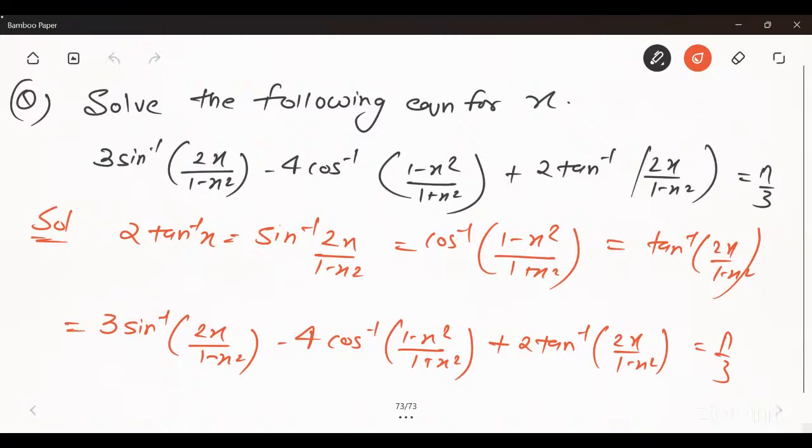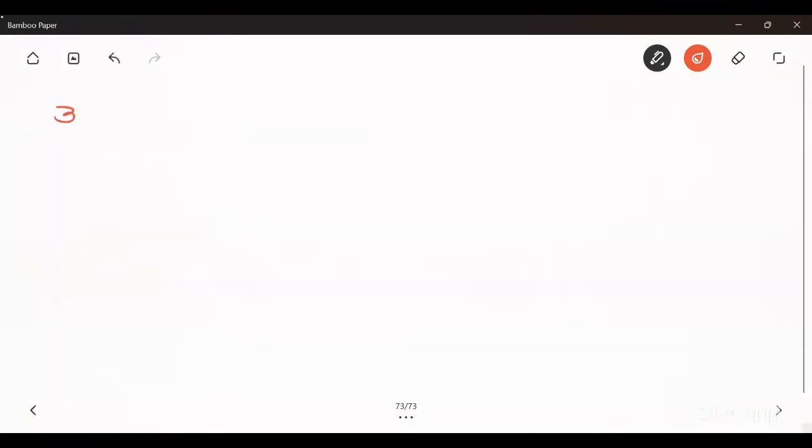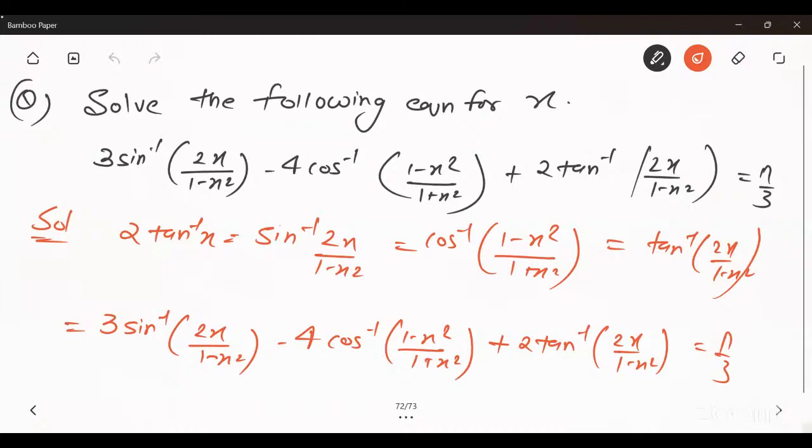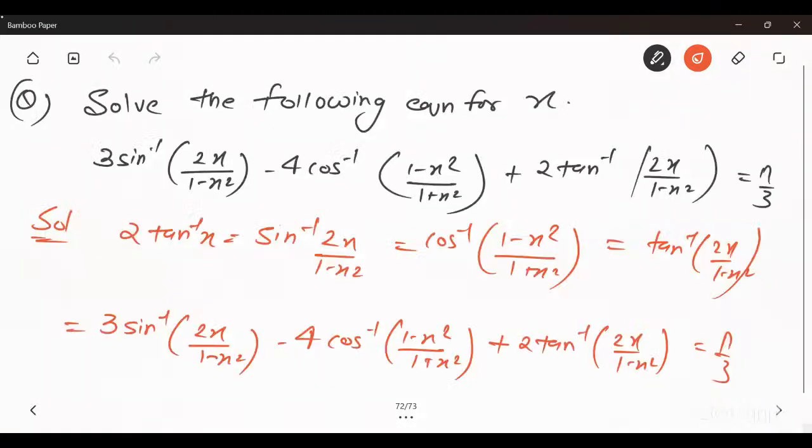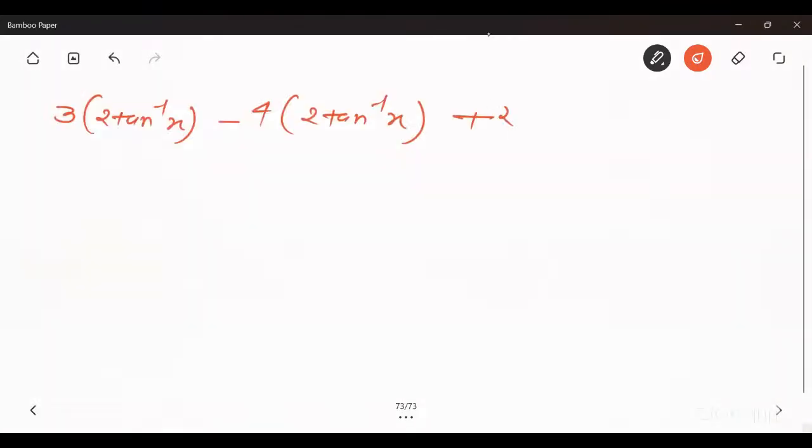Now in place of sine inverse 2x upon 1 plus x square, you can put 2 tan inverse x. In place of cos inverse 1 minus x square upon 1 plus x square, you can put 2 tan inverse x, so minus 4 times 2 tan inverse x. And tan inverse 2x upon 1 minus x square is 2 tan inverse x, so plus 2 into 2 tan inverse x. All are equal to pi by 3.